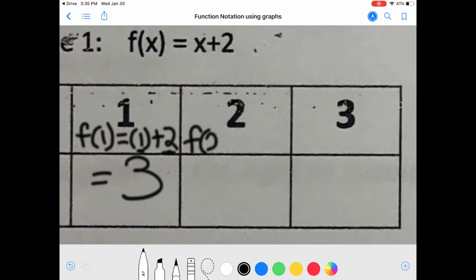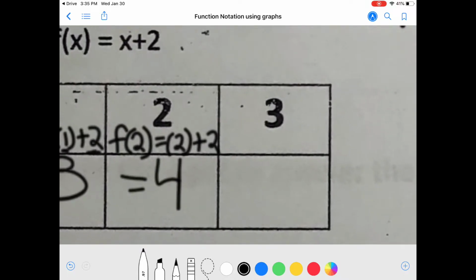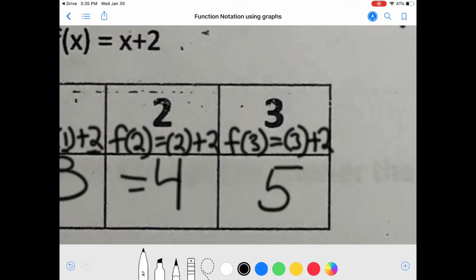F of 2 equals 2 plus 2. Well, 2 plus 2 gives me 4. And then f of 3, because I'm plugging in 3, we've got 3 instead of x plus 2. Well, 3 plus 2 gives me 5.